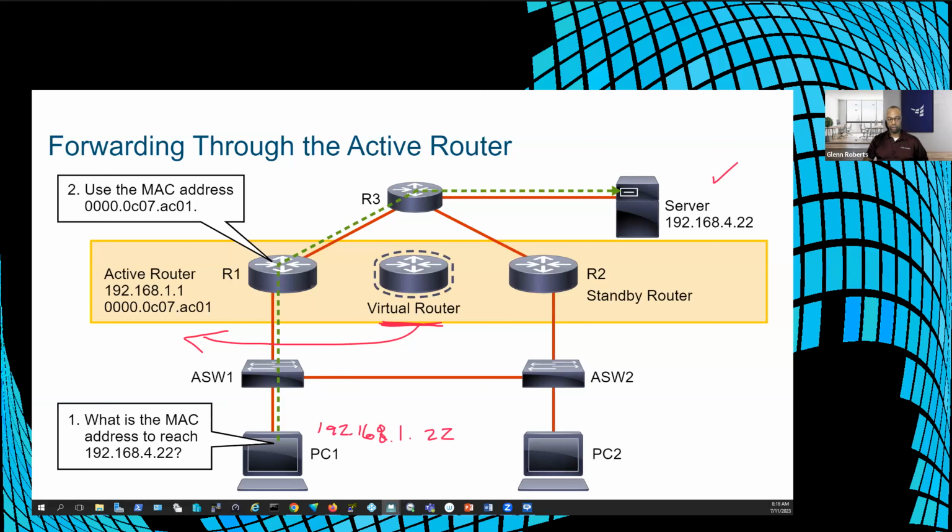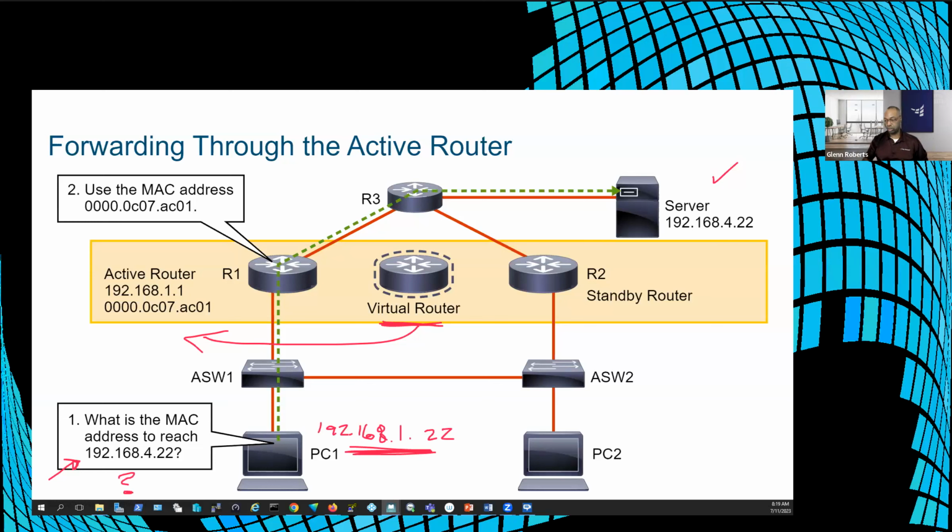So the first thing that's going to happen is ANDing. What is ANDing? ANDing is what TCP/IP does each and every time to determine locality. Where am I in relation to where you want to go? And the minute TCP/IP determines that the destination is remote, now I need the default gateway.